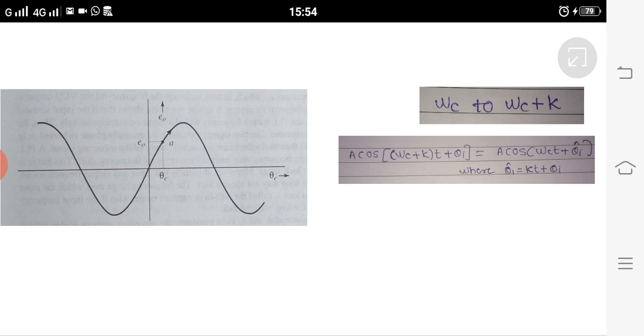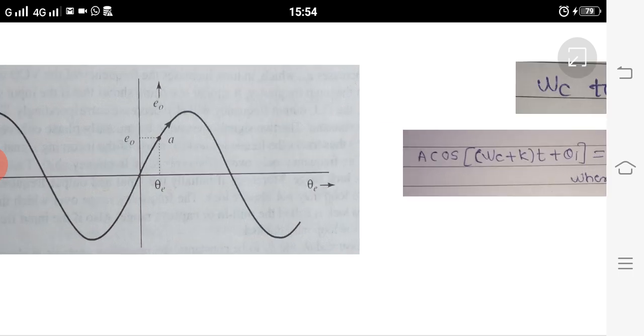Now the operating point A is going to shift upward along the E naught versus theta I curve. This increases E naught, which in turn increases the frequency of the VCO output to match the increase in the input frequency.